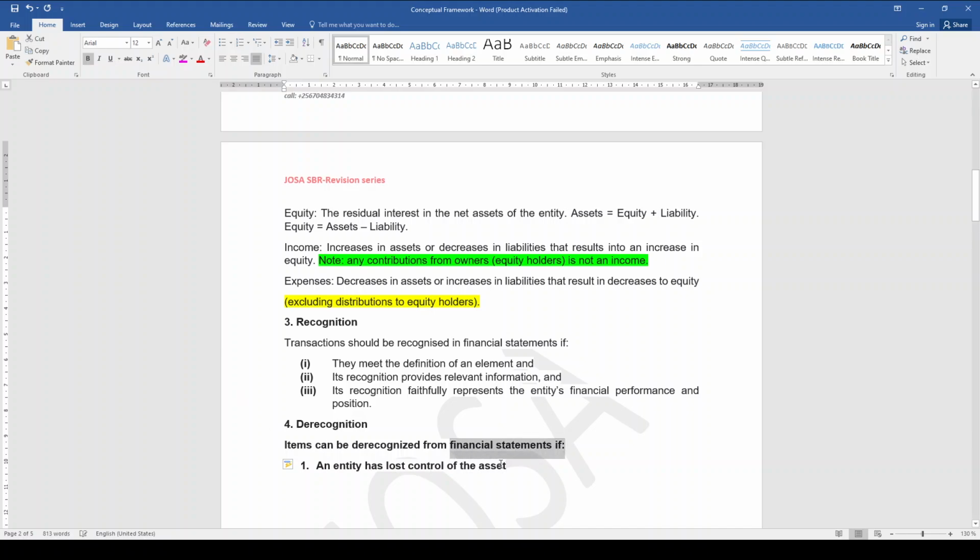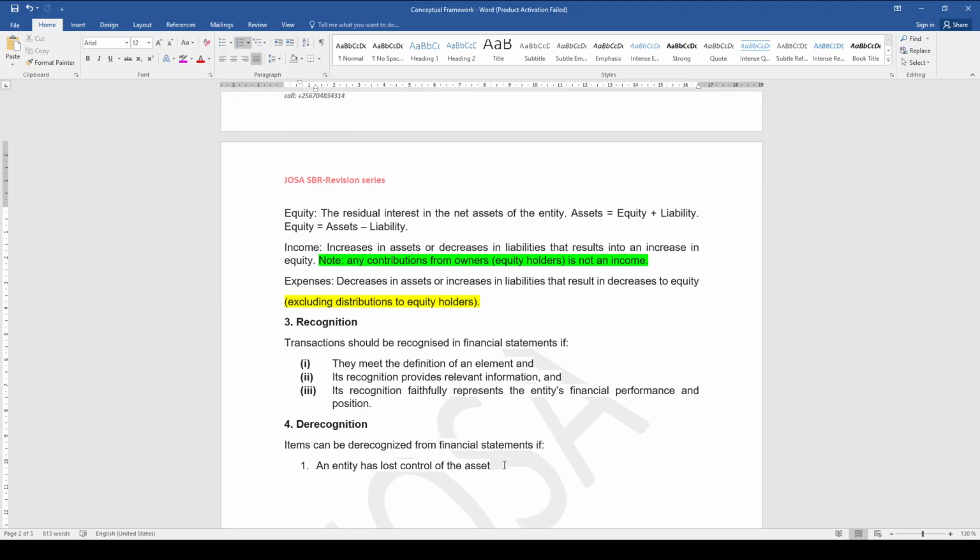And of course, let me hope we all know the definition of control. At this point, those who are sitting in March, I'm sure you've started on group accounts, but also the conceptual framework gives detailed explanations and contents of when we have control of an asset. That is, if you can direct the use of the asset and enjoy all the economic benefits.